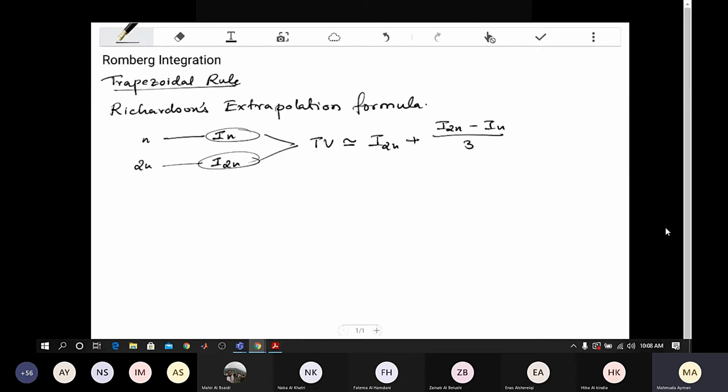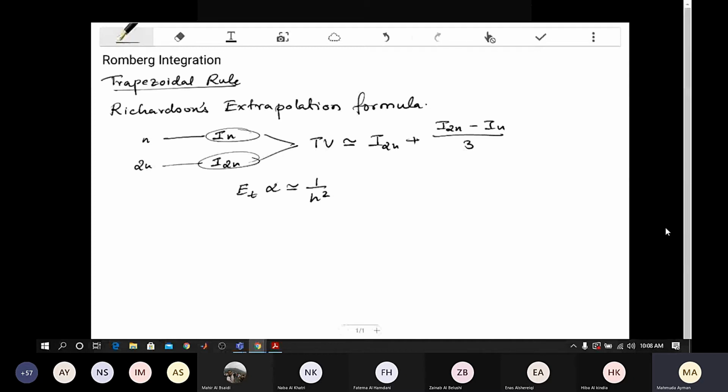And if you remember, we calculated the Richardson's extrapolation based on the true error of it being approximately proportional to 1 over n squared. So now if you continue doing this, you will get better and better approximation.